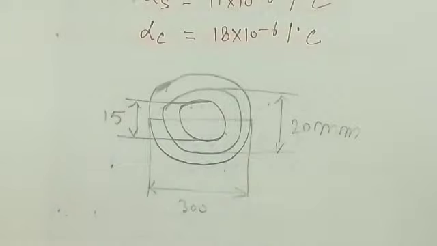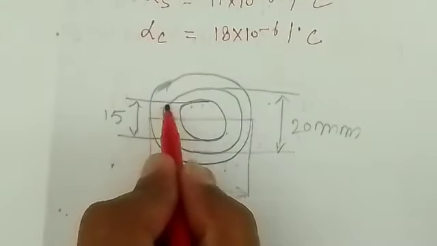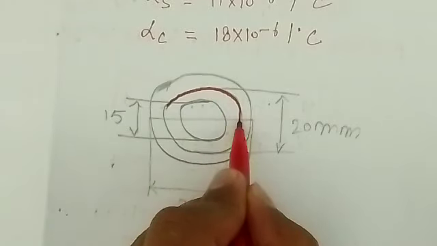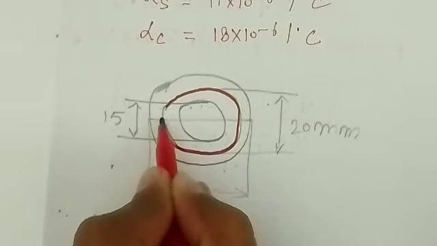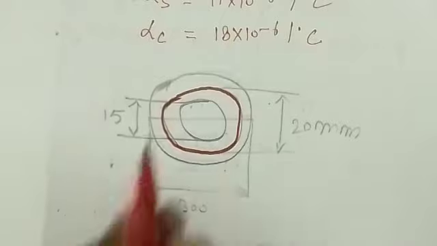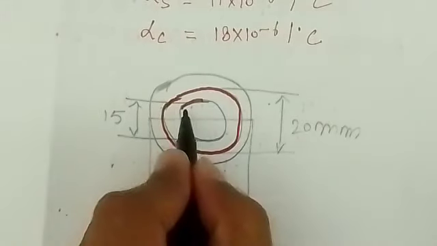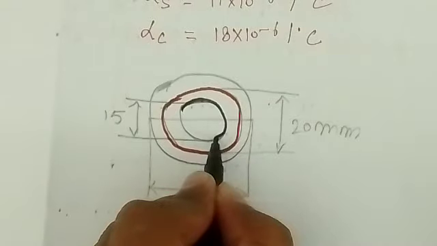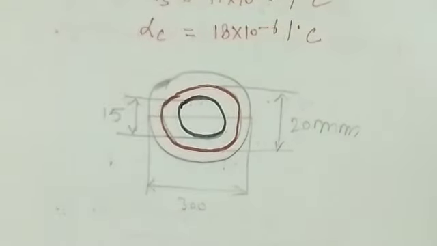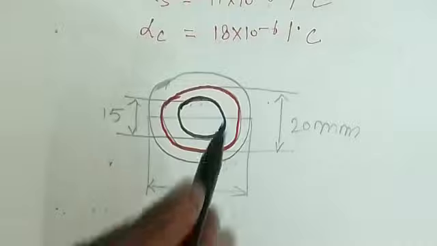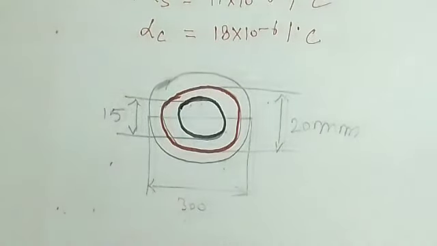This is the 15. So if I show you with different color, it means this red color is about the steel inner diameter, and this black one, I think this black one is for your copper, right, and this one is the outer diameter of the steel.